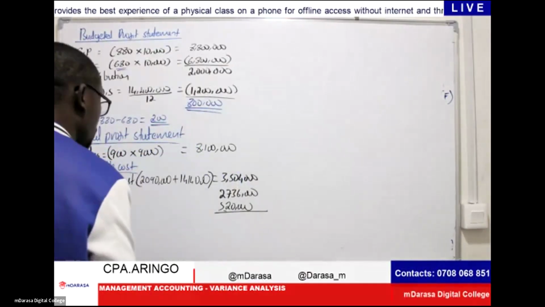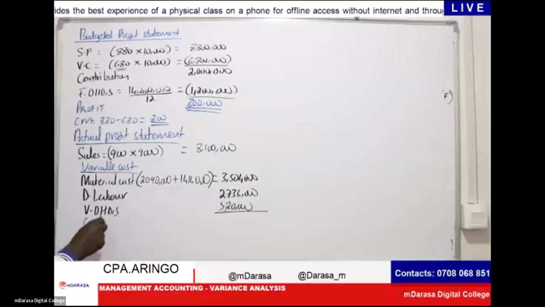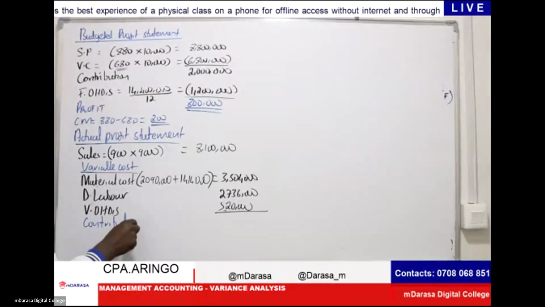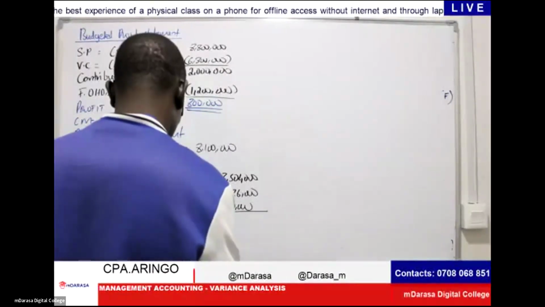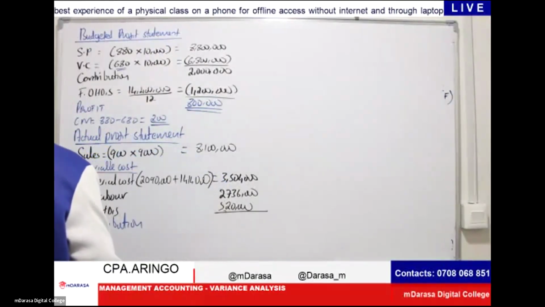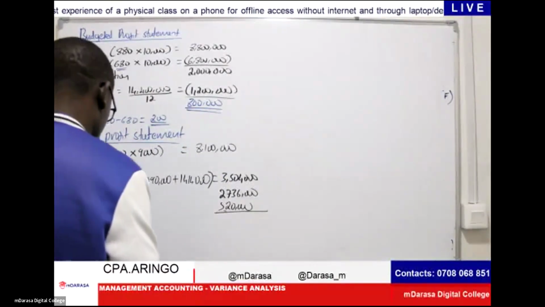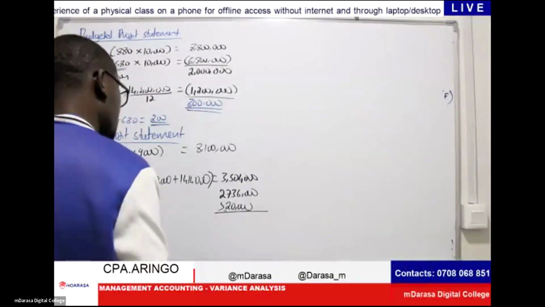So that our contribution, we're going to have 35,04,000. We add 2736, 520.